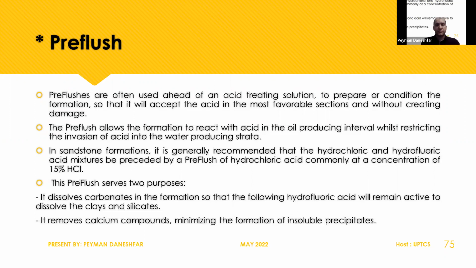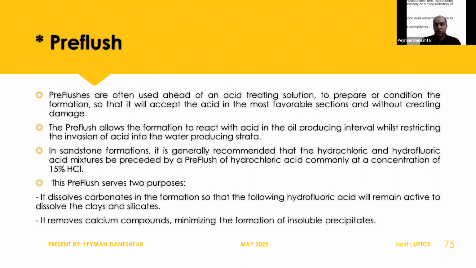Pre-flushes are often used ahead of an acid treating solution to prepare or condition the formation so that it will accept the acid in the most favorable section without creating damage. The pre-flushes allow the formation to react with the acid in the oil-producing interval whilst restricting the invasion of acid into a water-producing stratum.